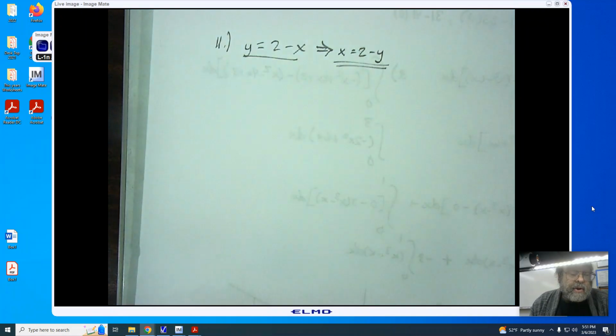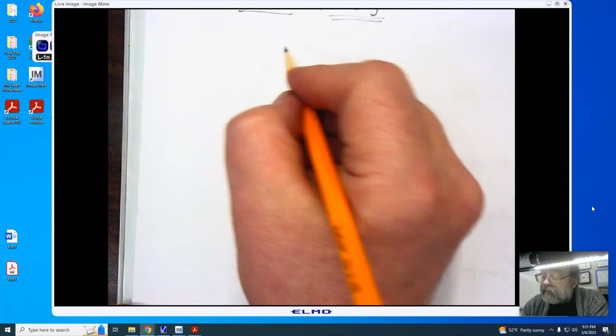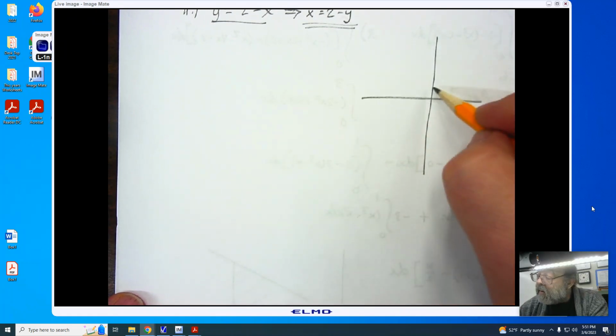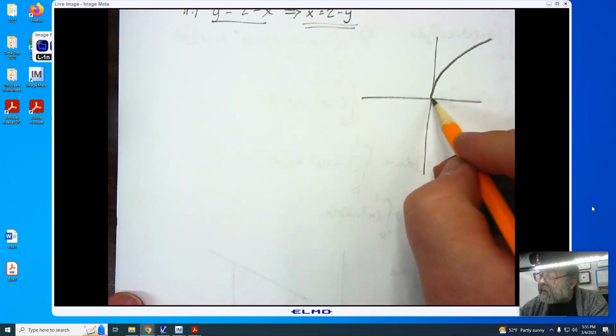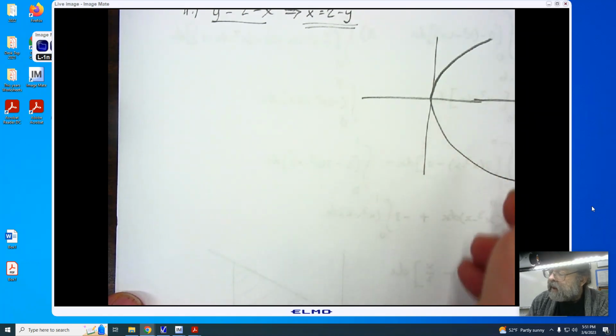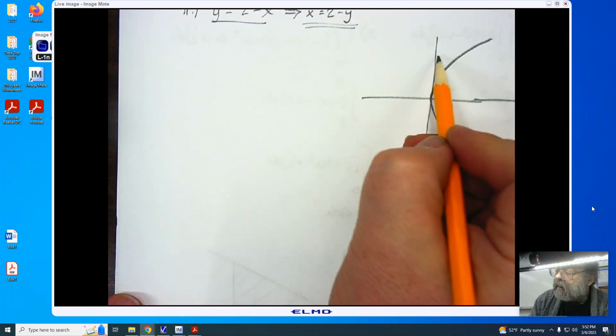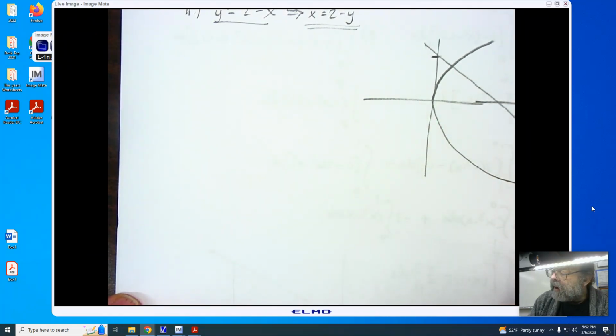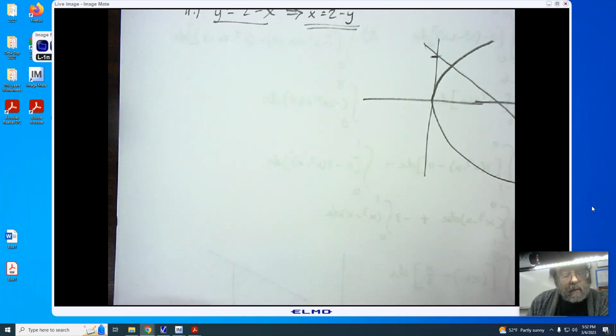The quadratic is just a square root. So I'm drawing my square root first. It's going like this. Then going to draw my linear equation, which cuts along here.